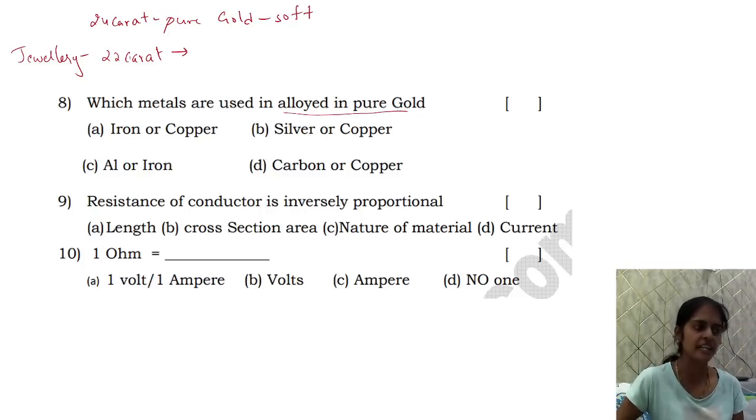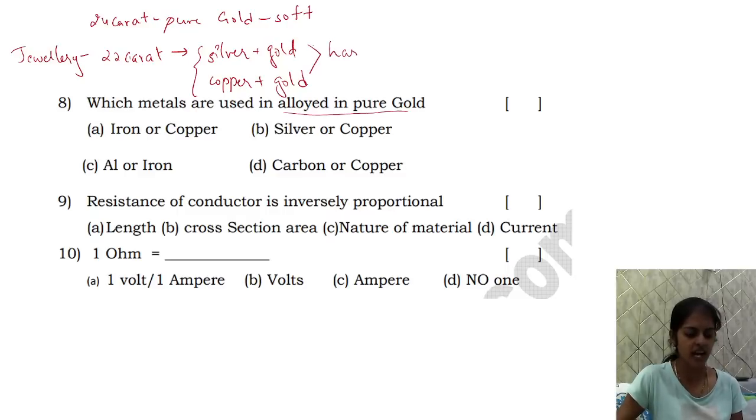How do we make it 22 carat? We add silver to gold, or we add copper to gold. This combination will be a little hard and it is used to make jewelry.